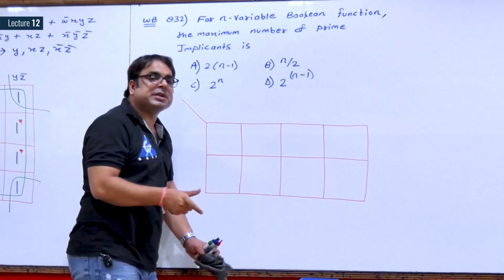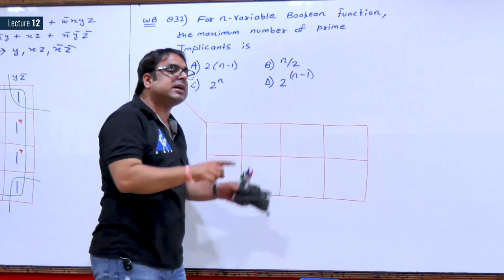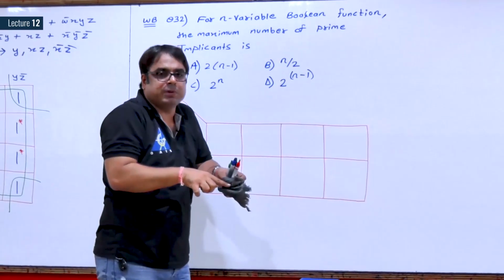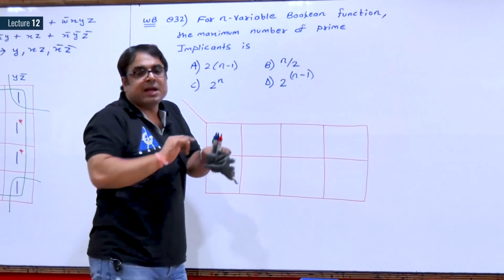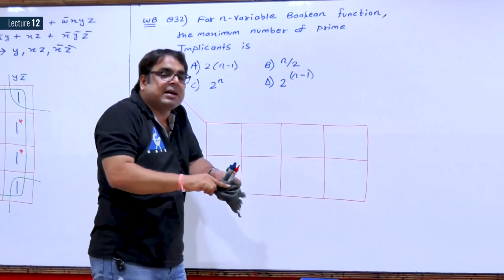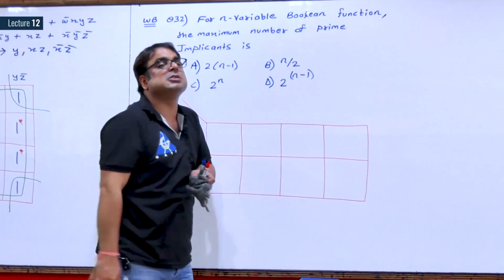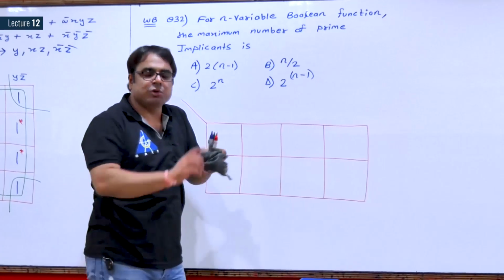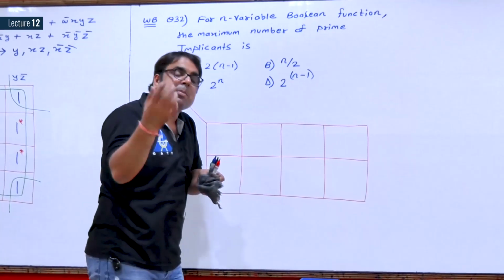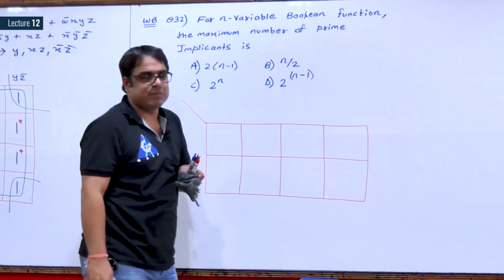So one thing you should keep in mind: if you get a very big group, the number of groups will become less. If you take a very big group, the number of groups would reduce.